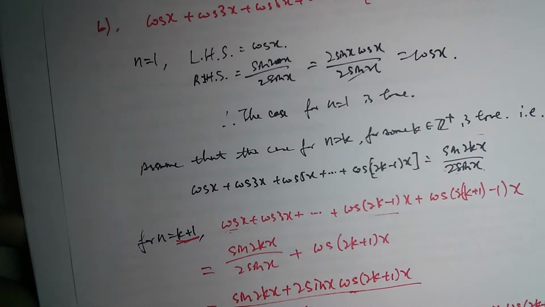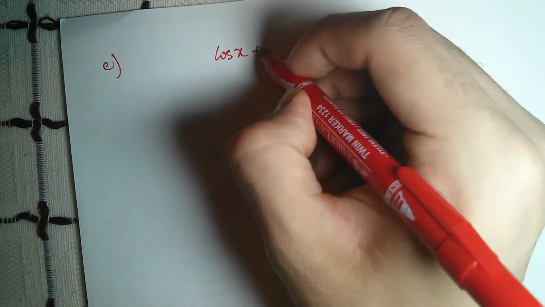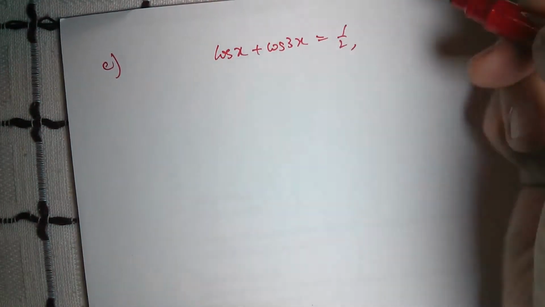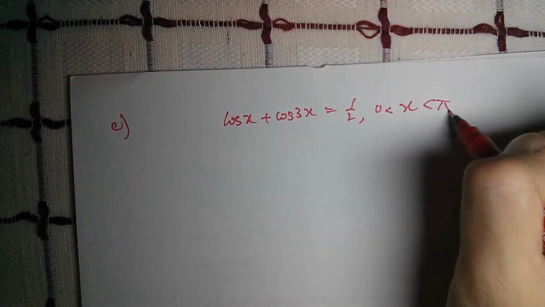Now it's time to do part C. Let me copy what part C is. Part C says solve the equation cosine x plus cosine 3x equals 0, while x is in the range from 0 to pi.